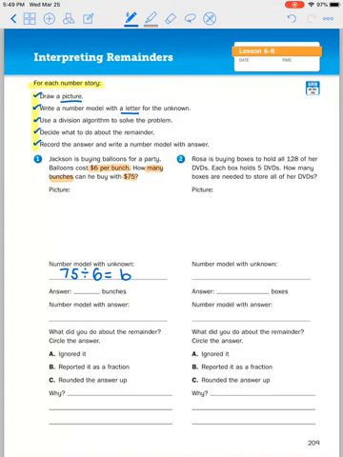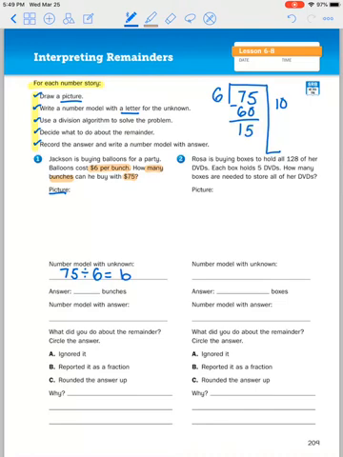Now you could either draw your picture or you could use a different algorithm or a different way to get your answer. So you could use partial quotient, right? If I did it up here, I could do 6 divided into 75. And I know that 6 times 10 will give you 60, and I'm left with 15.